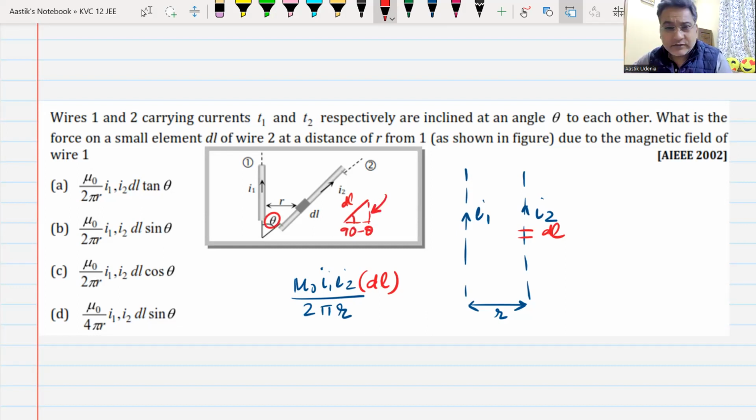So this segment which is parallel becomes dl sine of 90 minus theta, which is cos theta. Yes or no? Do we understand this?